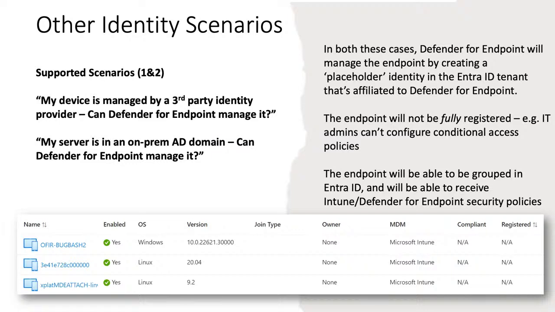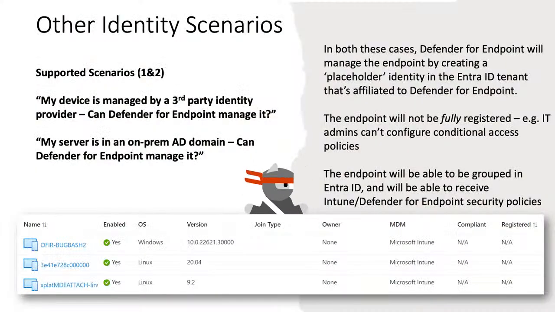However, if we understand that this device never attempted to join an Azure AD tenant in the past, let's say an on-prem server that has an on-prem AD domain and nobody tried to configure that AD domain to an Azure AD, MDE will create a placeholder identity for that device in the Azure AD portal. It'll look exactly like what you see right now on the screen.